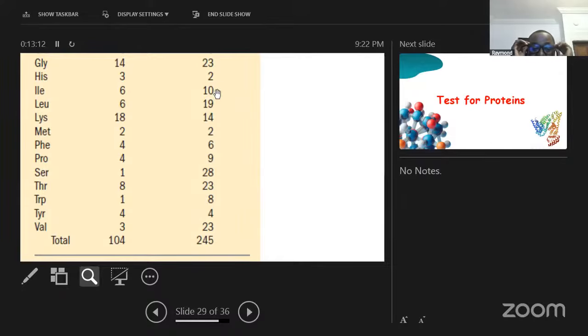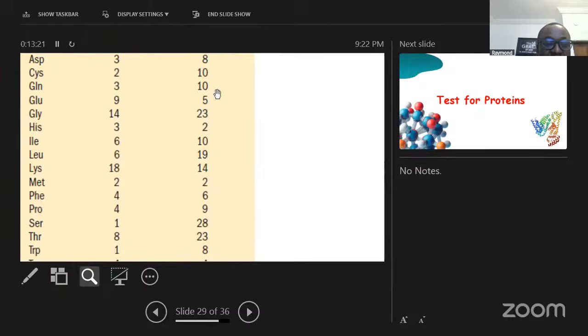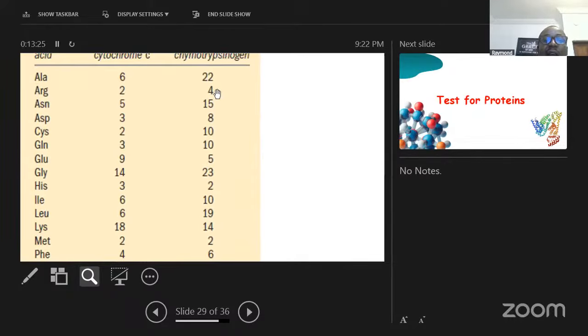In the 245, we have more of threonine, serine, valine, even leucine and glycine. You can see that the smaller molecular weight amino acids are forming the bulk of the protein. So that's why we agreed that the average molecular weight of an amino acid in the protein should be 110.